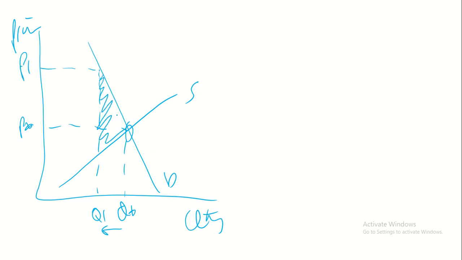Deadweight loss, misallocation of resources. Not allocatively efficient. Okay, so they reduce consumer surplus, which is the area above the price level but below the demand curve. So consumer surplus is restricted. We've got deadweight loss and misallocation of resources.